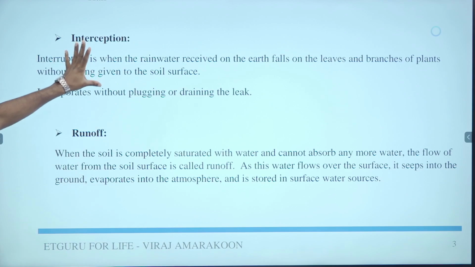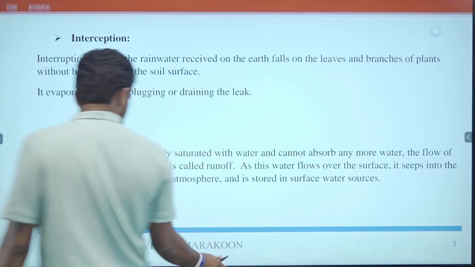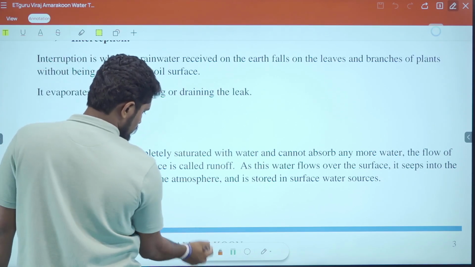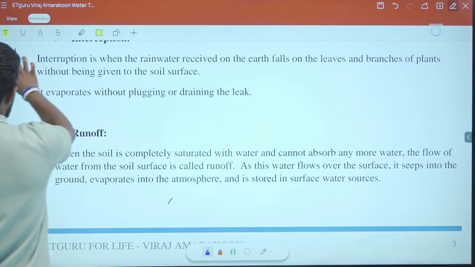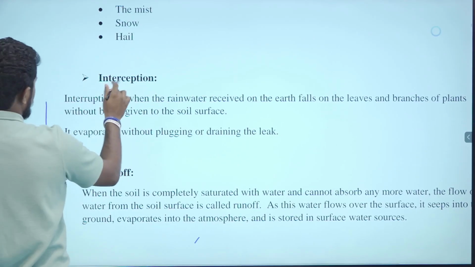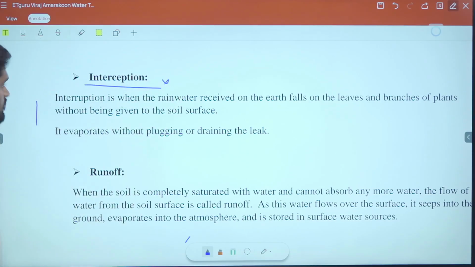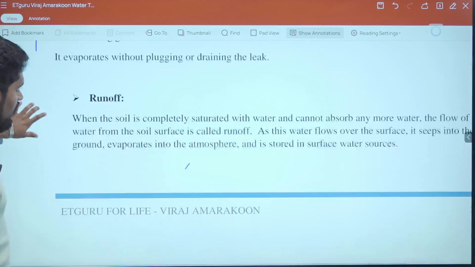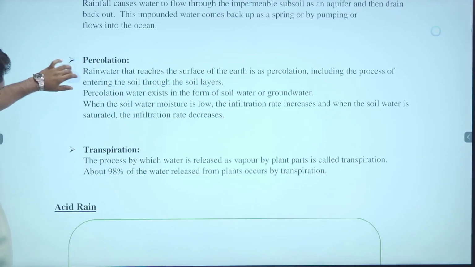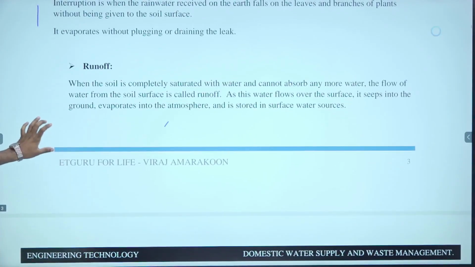Wait a moment. Okay, guys. Keep this interception for a little while. Okay, I will do it. Wait a moment.